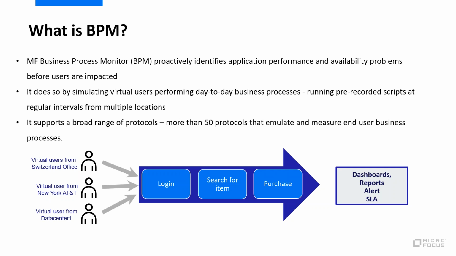It supports a broad range of protocols, around 50 protocols, like TrueClient, web protocols, RDP, FTP, and many more. In the next slides, I can show you a few protocols. You can deploy these scripts on multiple BPM machines in multiple locations, like one in India, another in Switzerland, another in the US or somewhere, so that we can check the performance of your application when you access it from different locations.